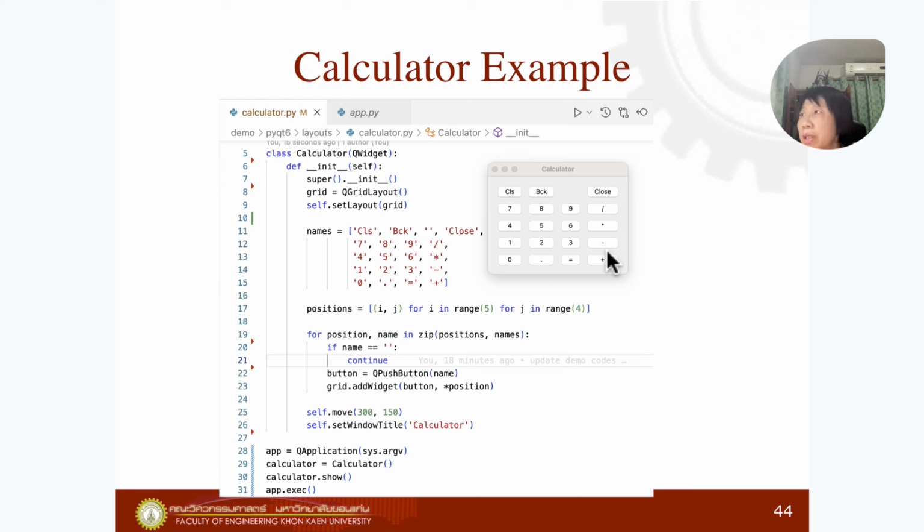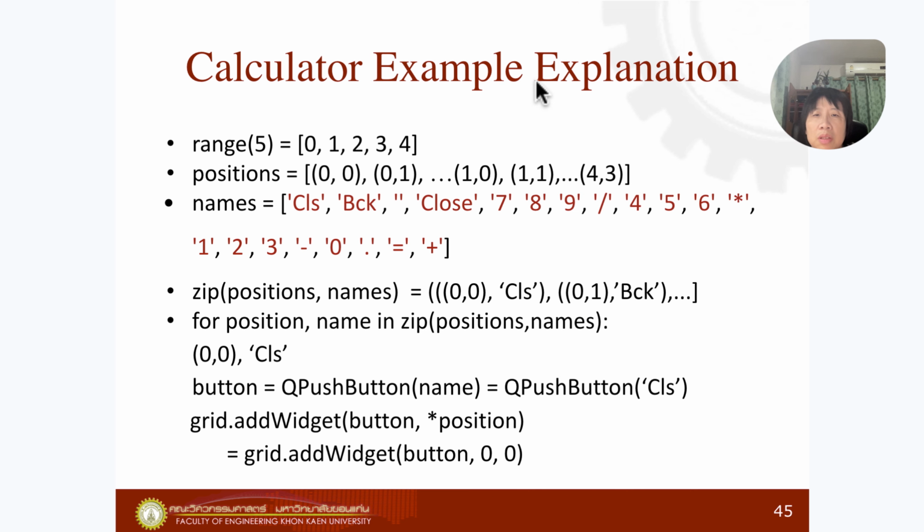And here, if you want to create a calculator, we can create a list of the names of the buttons, and then at the position, we place the QPushButton with that name in the QGridLayout. So here range 5 means 0, 1, 2, 3, 4, and position starts from 0, 0, 0, 1 and so on until 4, 3.